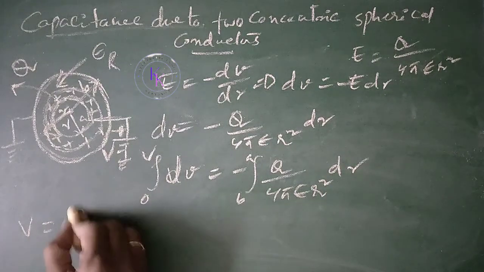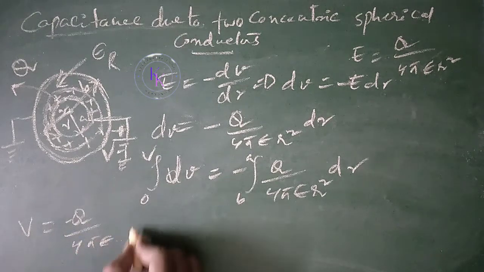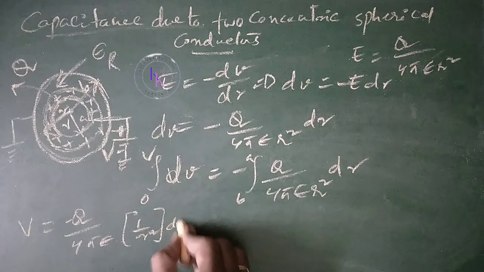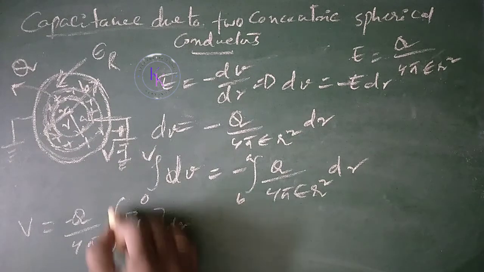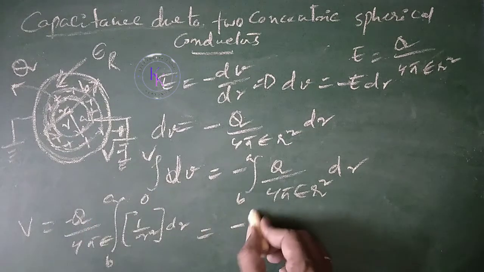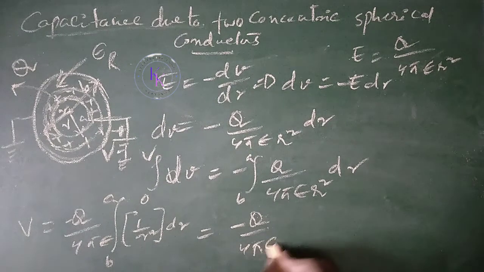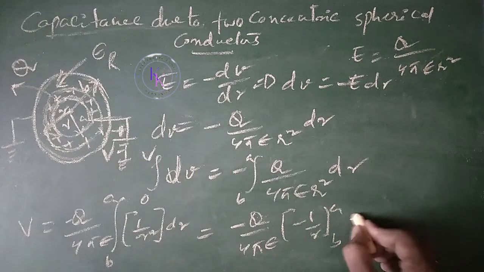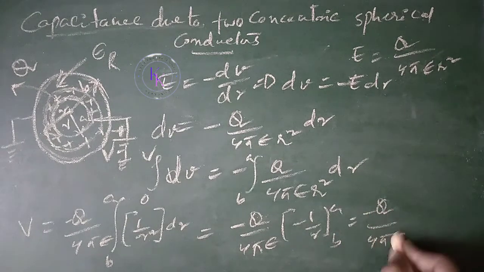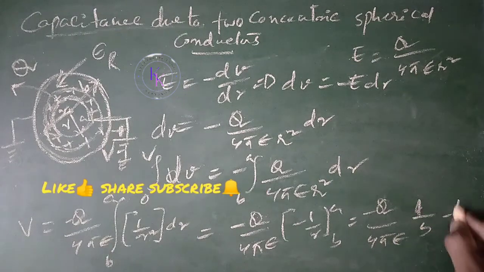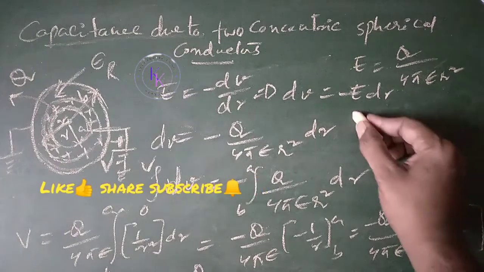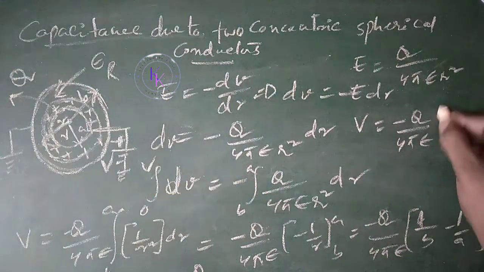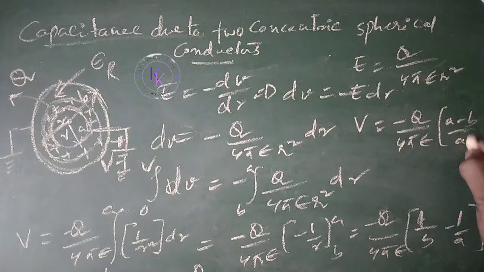V equals minus Q by 4 pi epsilon, integral from b to a of 1 by r square dr, from which minus Q by 4 pi epsilon times minus 1 by r from b to a, that is minus Q by 4 pi epsilon times 1 by b minus 1 by a, from which V equals minus Q by 4 pi epsilon times a minus b by ab.